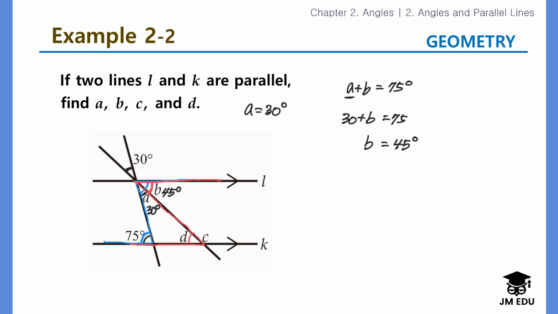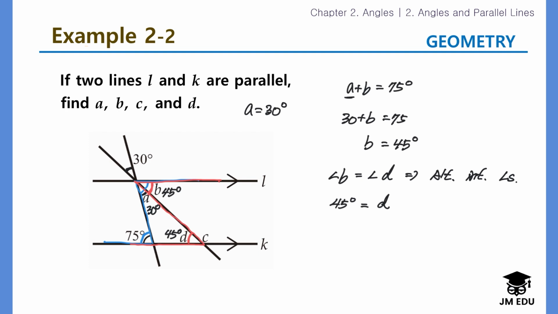Angle B and angle D, right? Angle B is equal to angle D because they are alternate interior angles, right? So B is 45. Then what is D? Angle D is also 45, right? So this is 45.